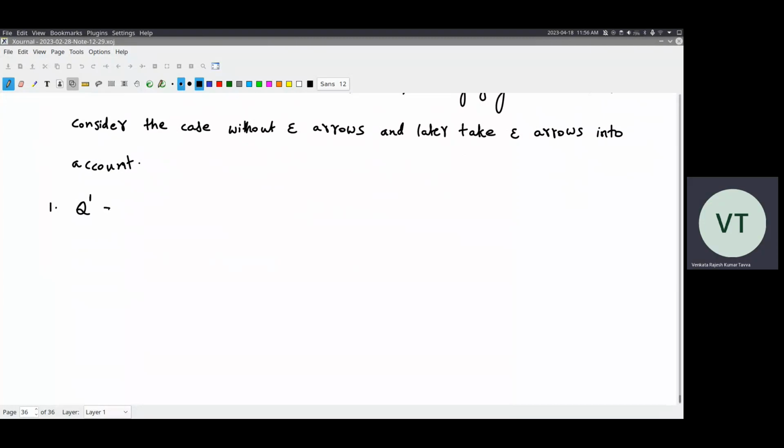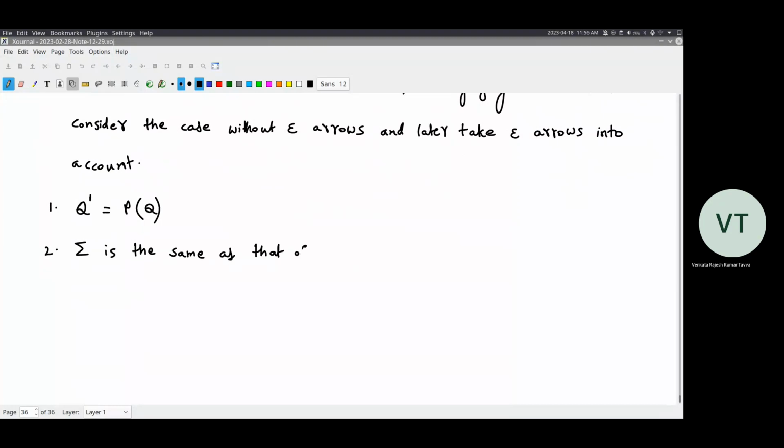Exactly, Q dash is nothing but the power set of Q. All right, Sigma is the same as that of N. So delta will take some explanation. This we discussed in the last class also.